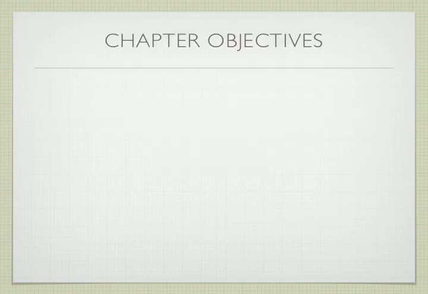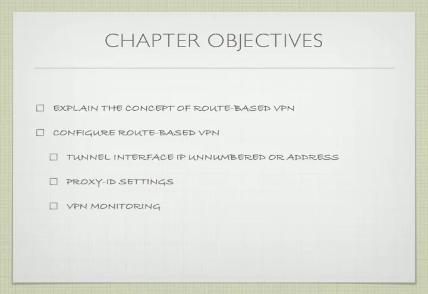So the objectives for this session are to understand the concept of a route-based VPN, and to be able to configure the additional parameters that you need in order to create one.